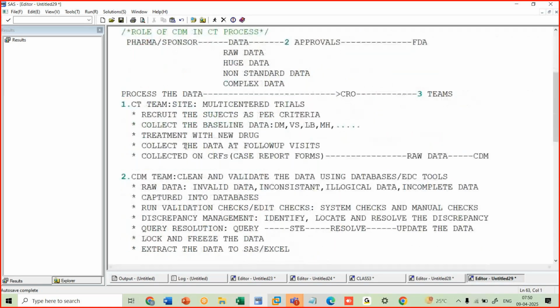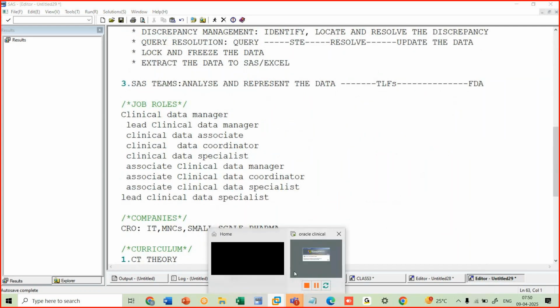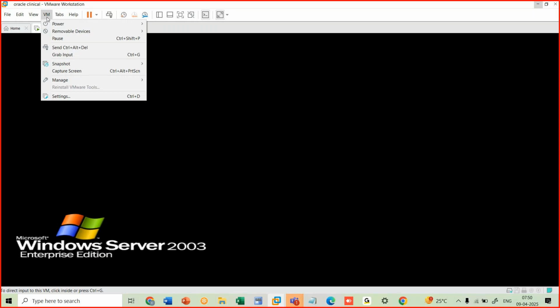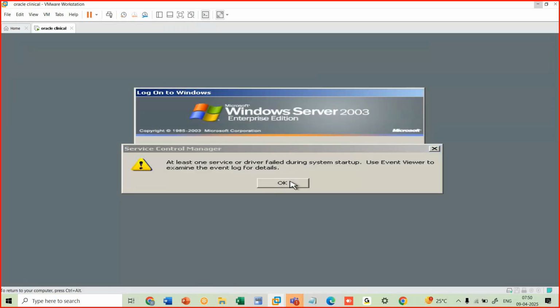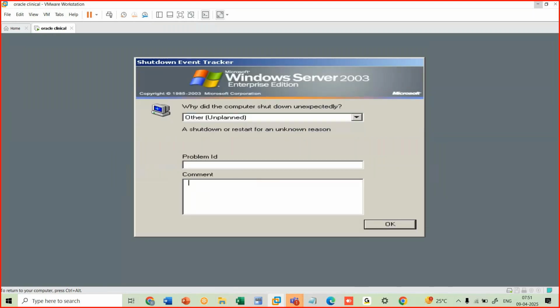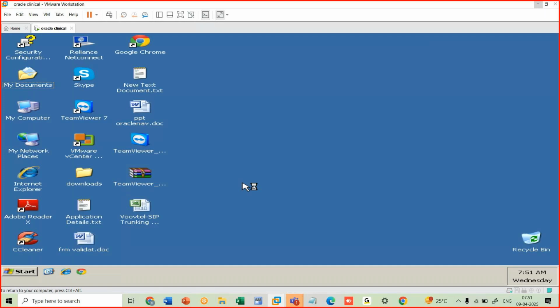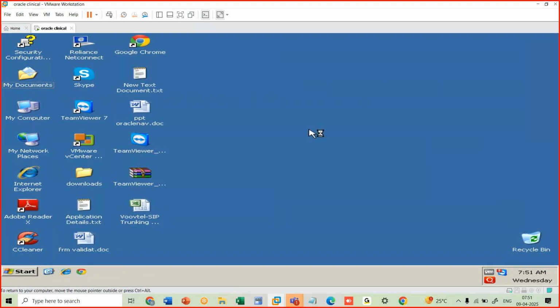Okay. So I'll just show you the database. This is Oracle Clinical. Along with Oracle Clinical, Oracle RDC will also be covered. It's called OCRDC.